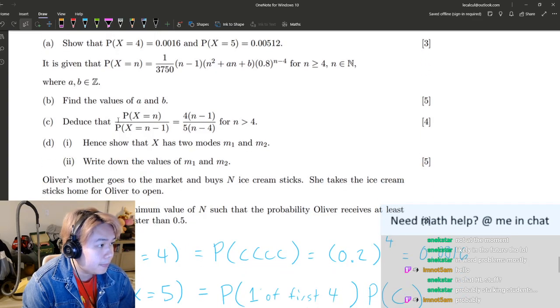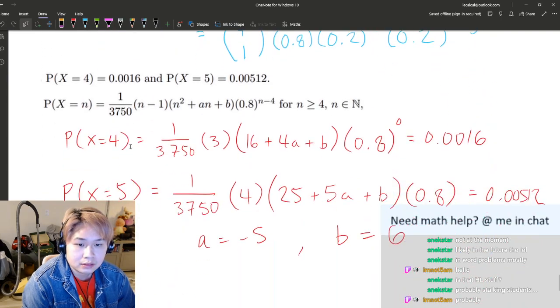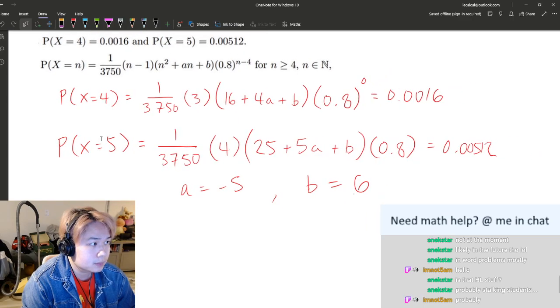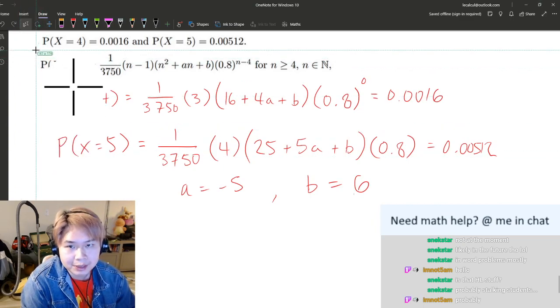Okay. Then we need to deduce that this one divided by this one is going to equal this. So I know what this is, right? I'm gonna have to keep copying this over and over again.